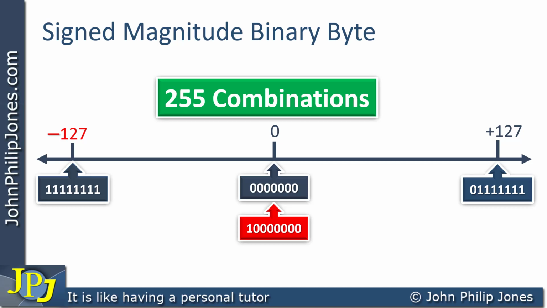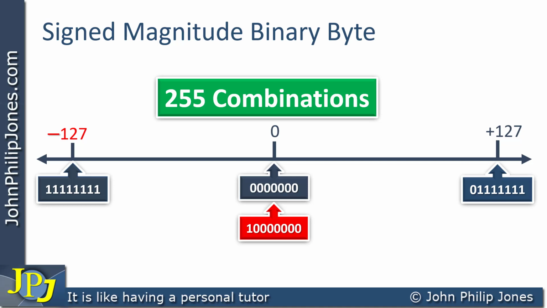And we saw the same problem when we dealt with a nibble. We had one less combination than you would have if you had unsigned, and also we had the problem having two values representing 0. Now if you went to 16 bits, you would find you would have two representations of 0 there when you're using signed magnitude binary.